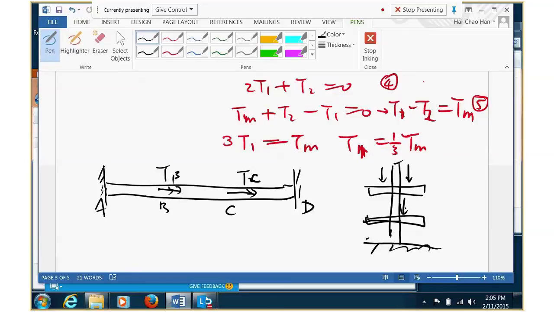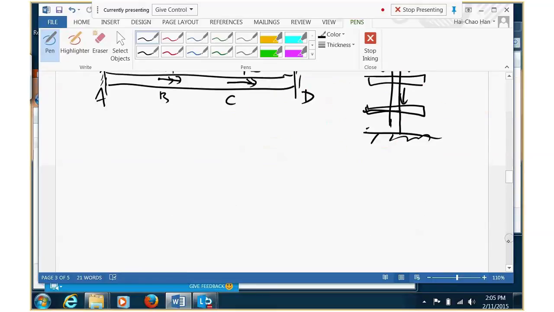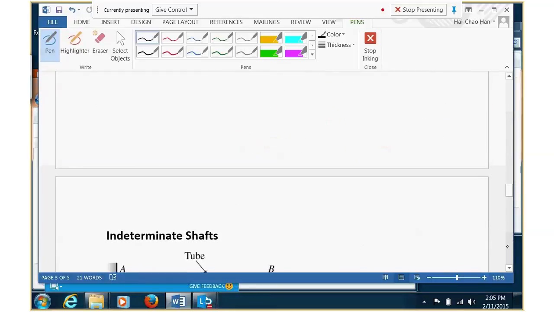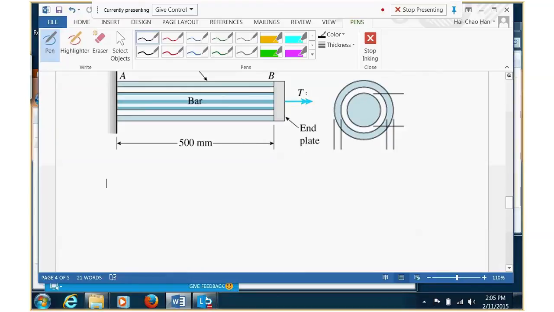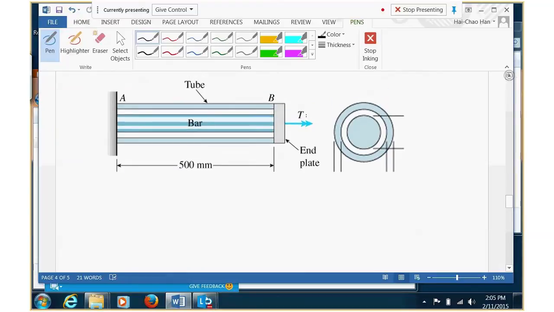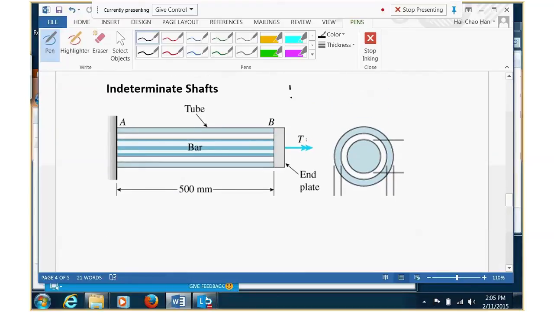All right. Okay, so today let's go over another example for an indeterminate shaft. Again, the approach will be the Fed.com part. So what we have here is a shaft composed of two parts.